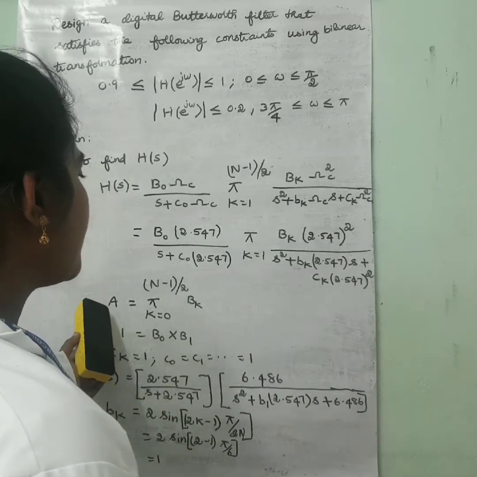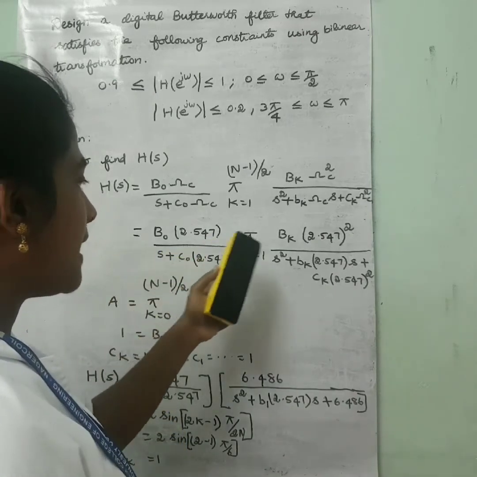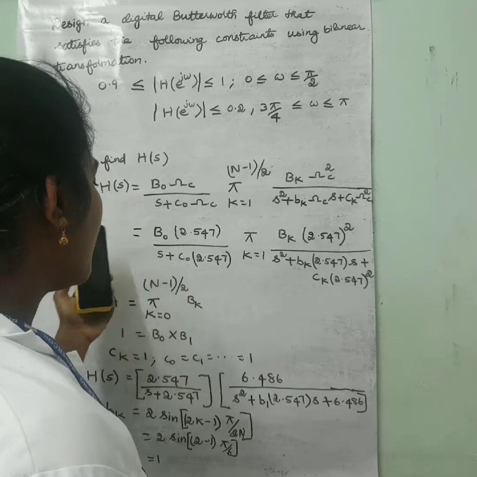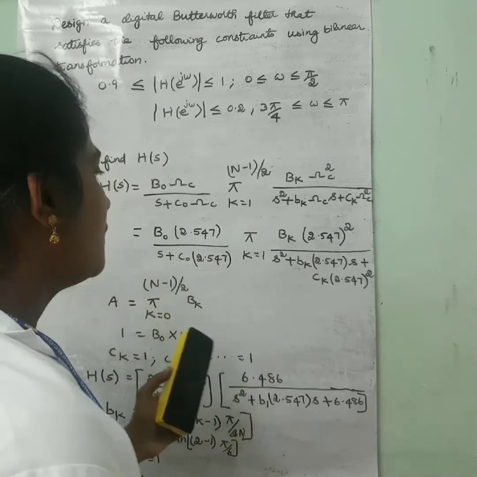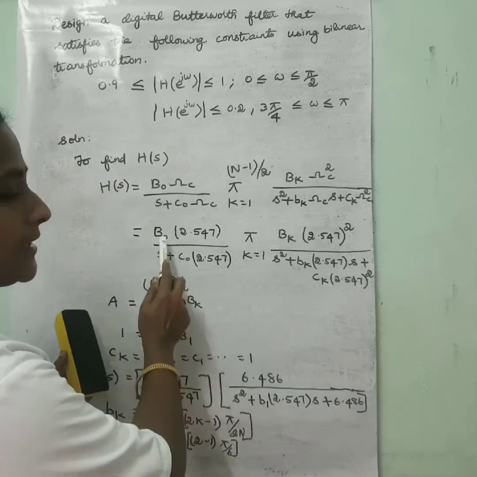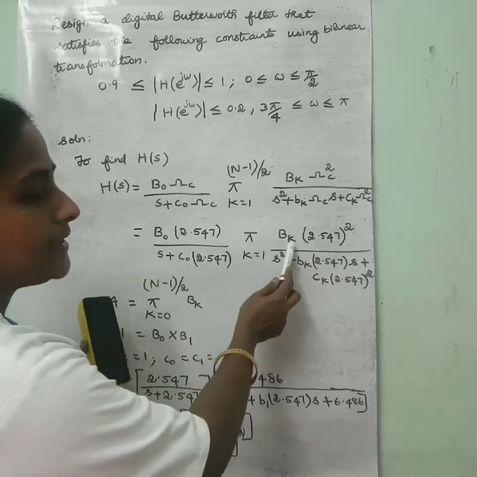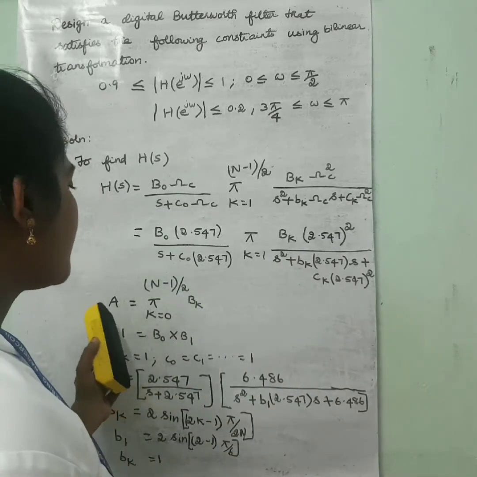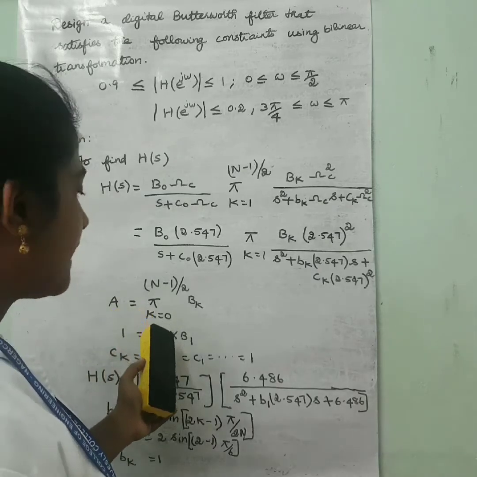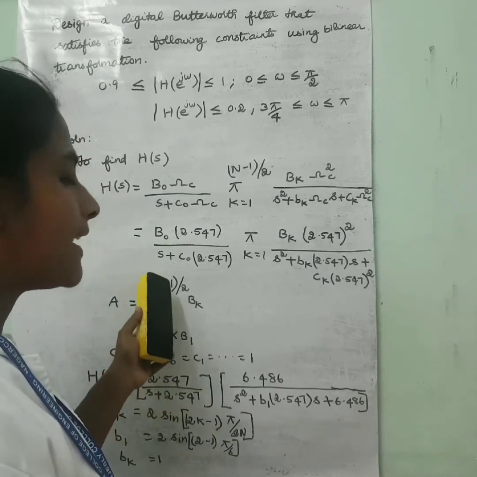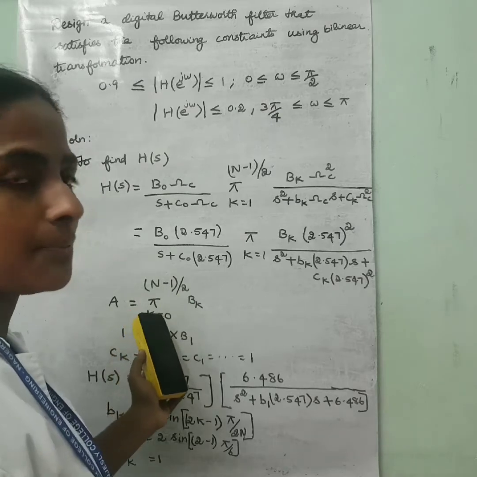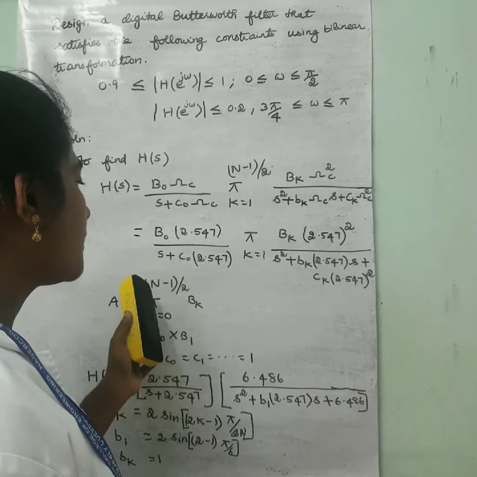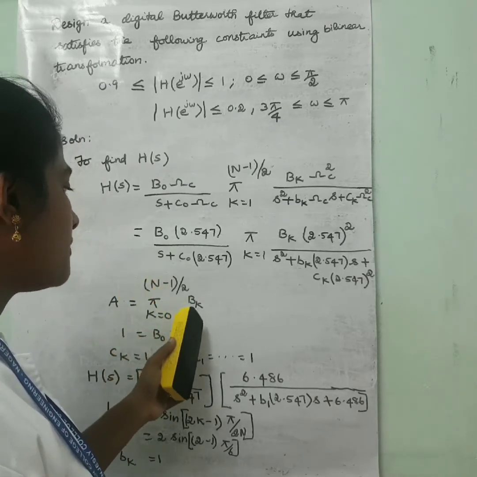We have to find b0 and b1. So here we need the value of b0 and the value of b1. For the odd value we have this formula: the product for k equal to 0 to (n minus 1) divided by 2 of bk.